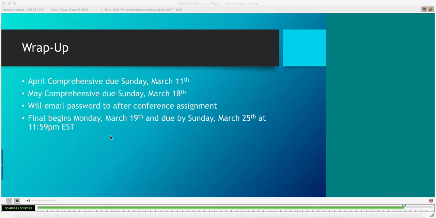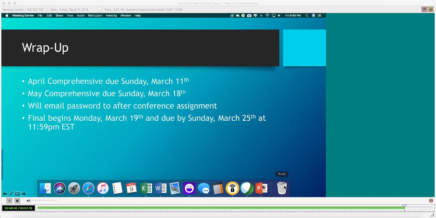There will be an Excel file that you need to download. I will have it loaded in the final exam. When you click to start the final exam, I will have it loaded there so that you can download it.